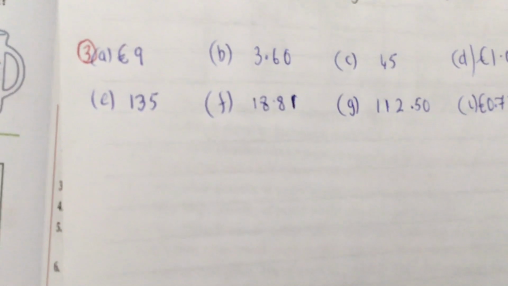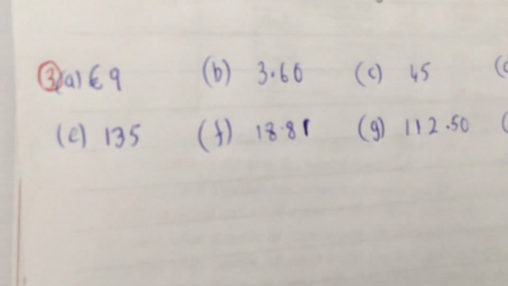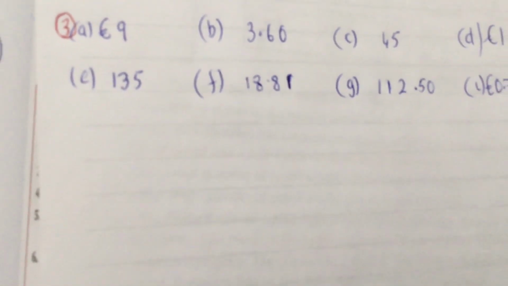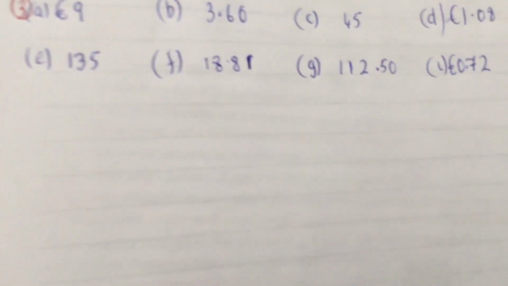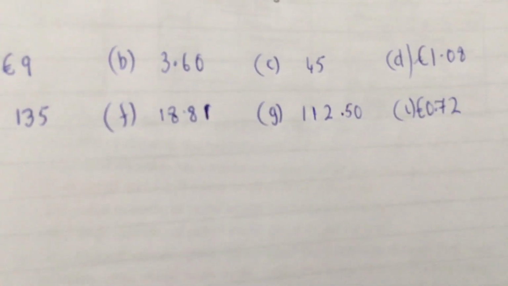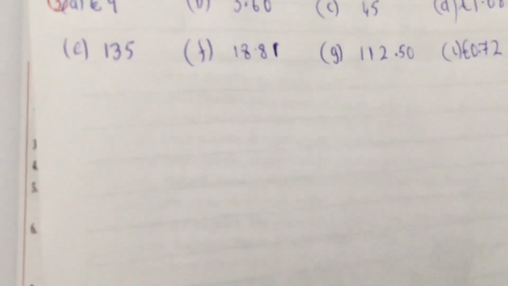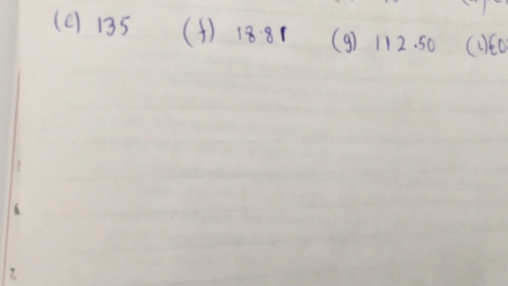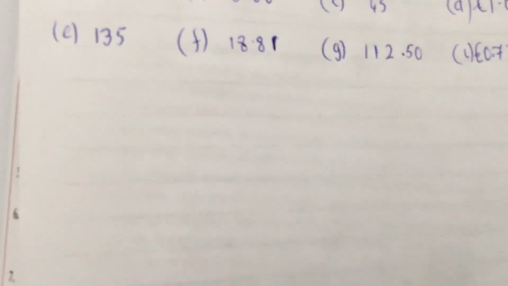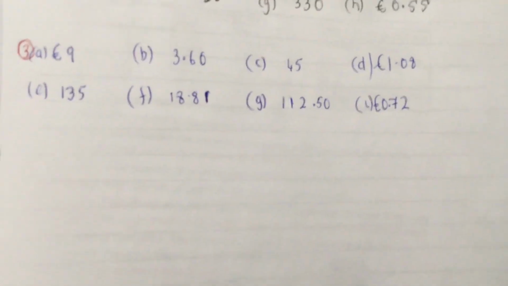So it was €2.09. And when you subtract €2.09 from €20, you get €18.81. And the next one was €112.50. Sorry, I keep on about money the whole time. And the last one was 72 cent because 10% of 80 is 8, and when you subtract 8 cent from 80 cent, you end up with 72 cent. So they were actually quite easy, guys.